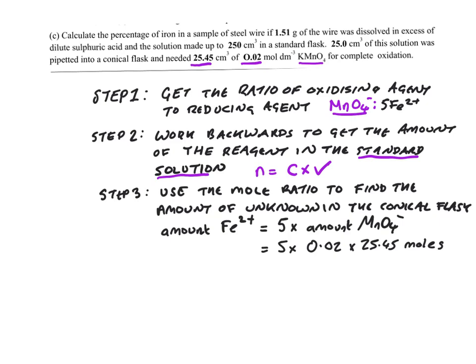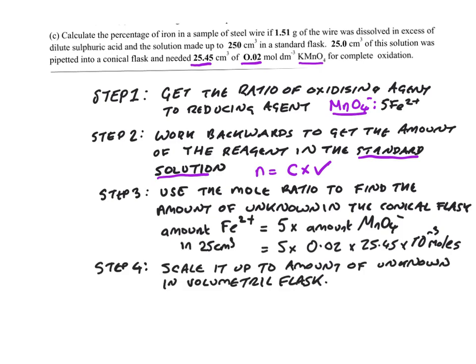So we need to times our 25.45 by 10 to the minus 3, don't forget this, to get it into decimetres cubed. So that is the concentration times the volume, which gives us the number of moles of iron that was in our 25 centimetres cubed.